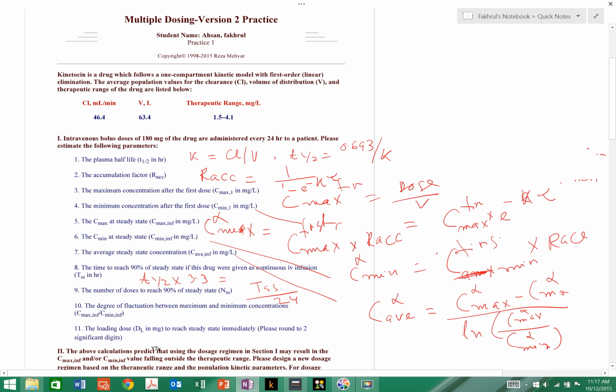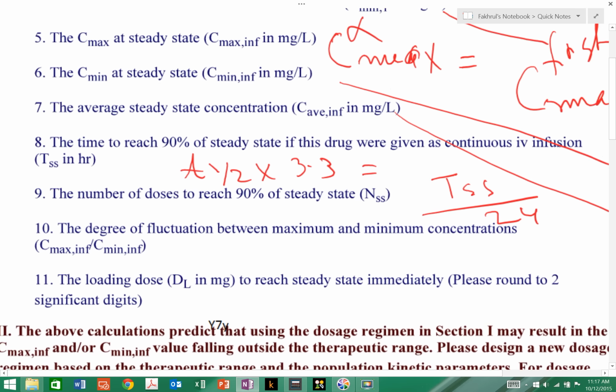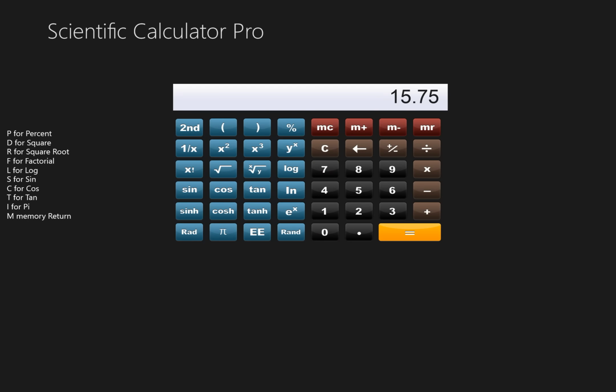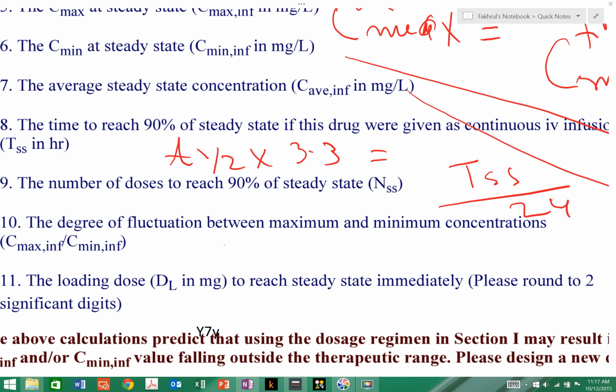And the degree of fluctuation you have to calculate using this equation: C max infinity divided by C min infinity.